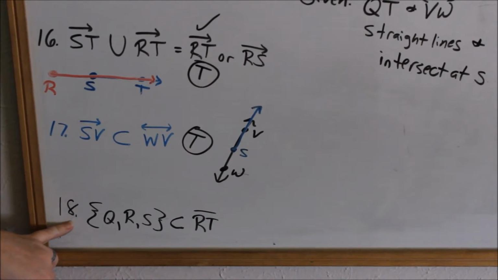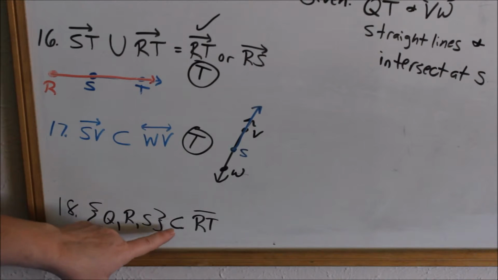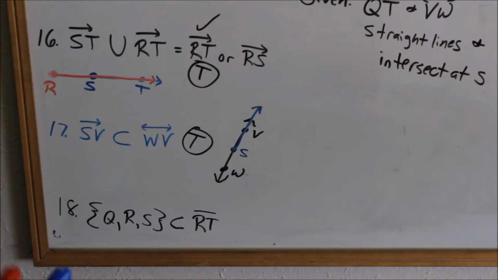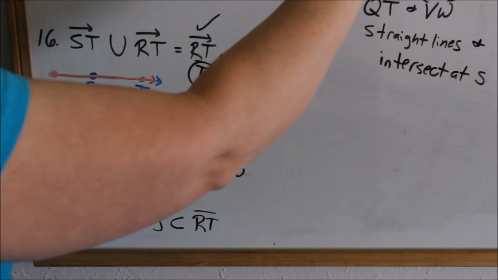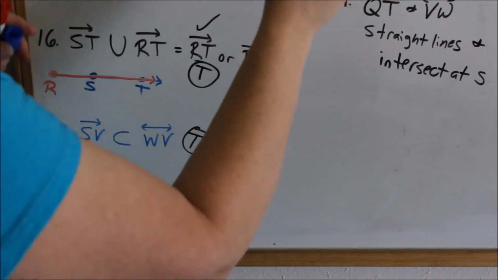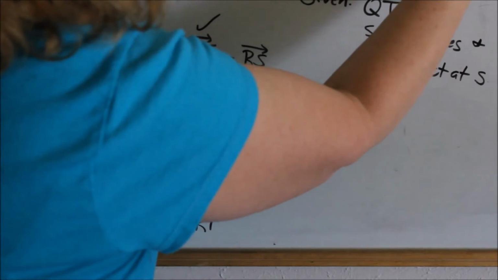Okay, now let's look at number 18. Remember, you need to know what these symbols mean. This is subset. So we're asking, is the set of points Q, R, S a subset of line segment RT? I would draw line segment RT, or you can just look at it. RT goes from right here to right there.